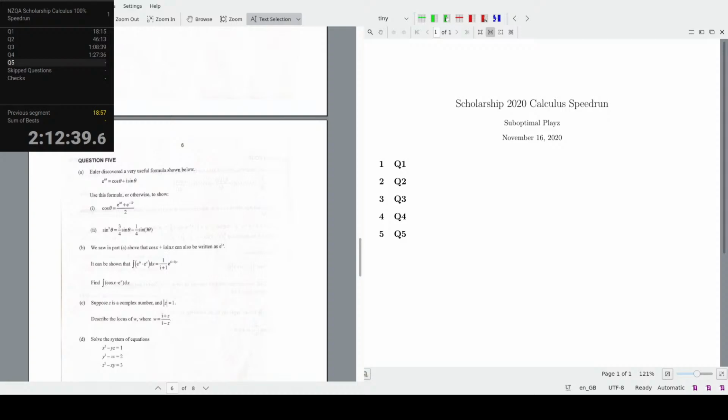Okay, it's 2 hours and 12. X squared minus YZ equals 1, Y squared minus ZX equals 2.